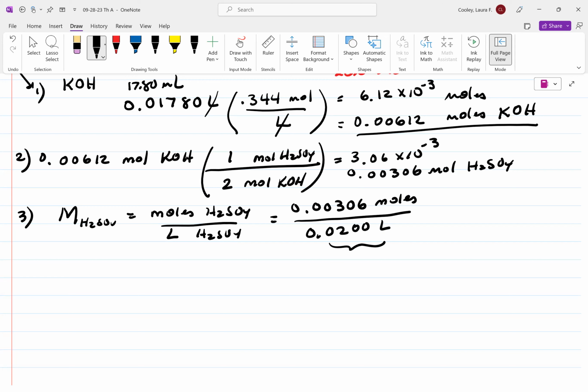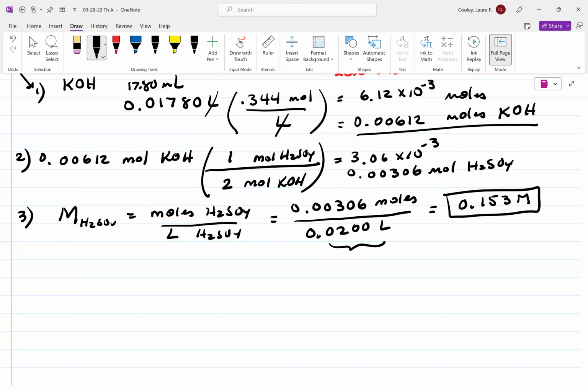This is the original H2SO4 solution. So what we want to know is what was that concentration originally? And so that's why we're dividing by that. That was the volume of the H2SO4, and it comes out to 0.153 molar.